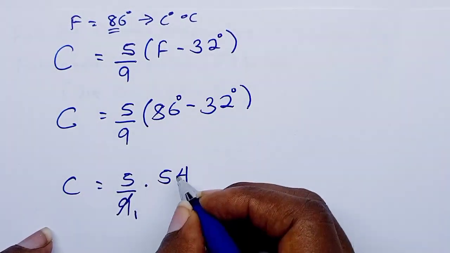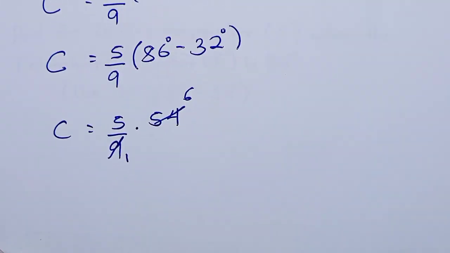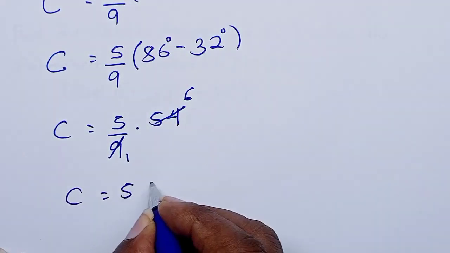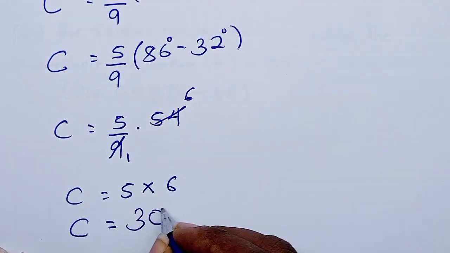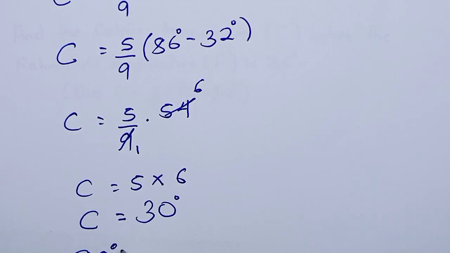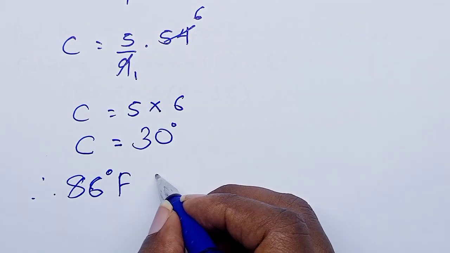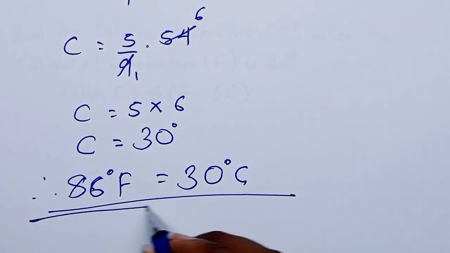So 54 is divisible by 9 6 times, and therefore C equals 5 times 6, which equals 30 degrees. Therefore, 86 degrees Fahrenheit is equal to 30 degrees Celsius.